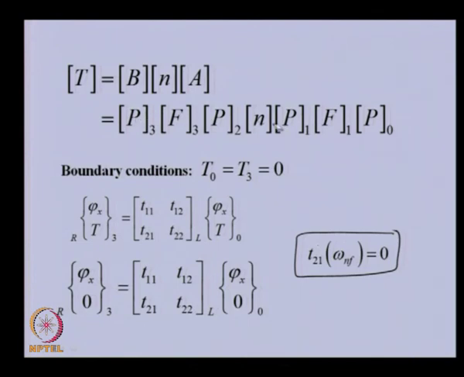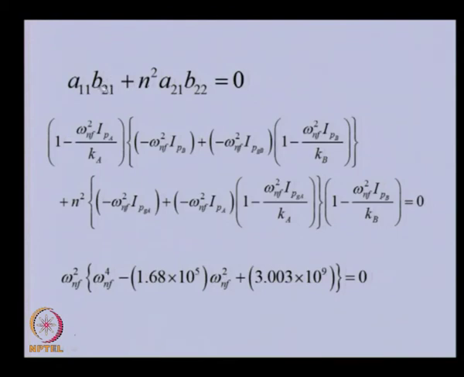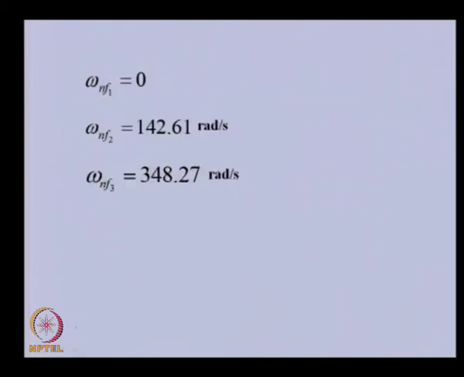After multiplication of this we can get this expression. So, this is that particular frequency equation. If we expand this and substitute the values of various parameters, we will get a polynomial of this form, and you can see that from here we are getting frequencies, of which one is zero natural frequency, and the other two correspond to the flexible mode.